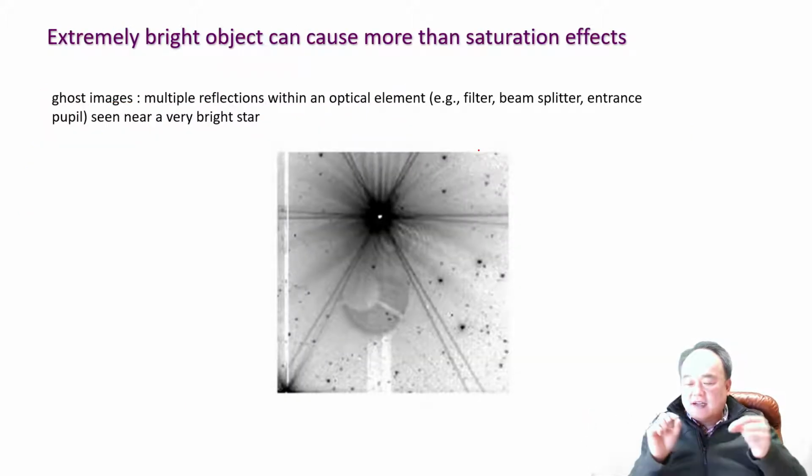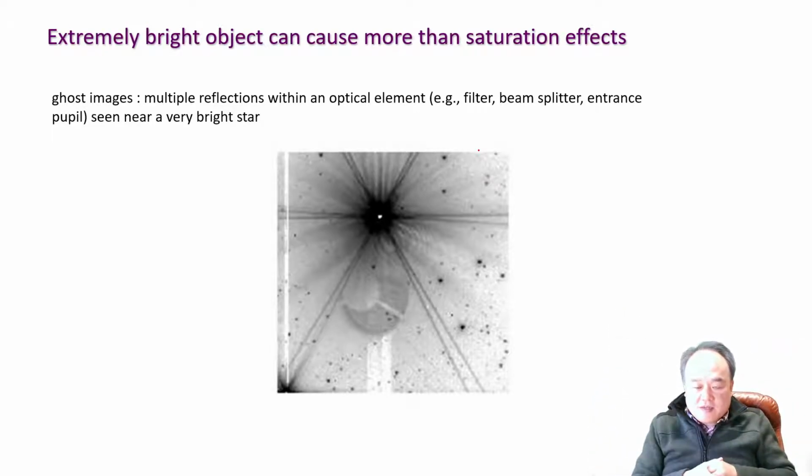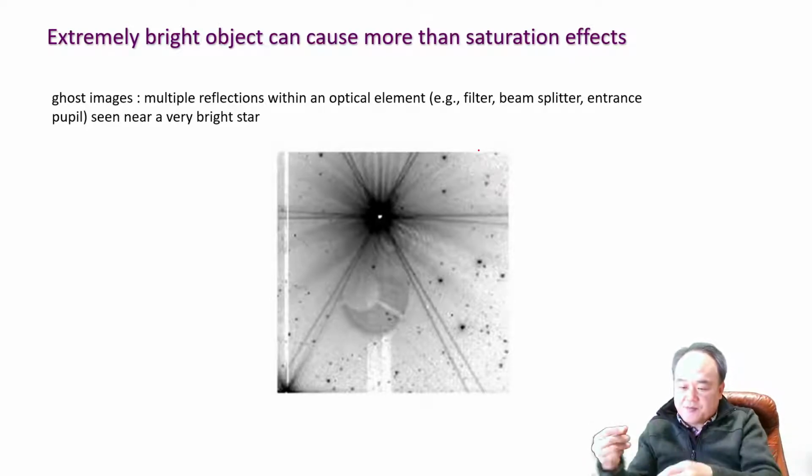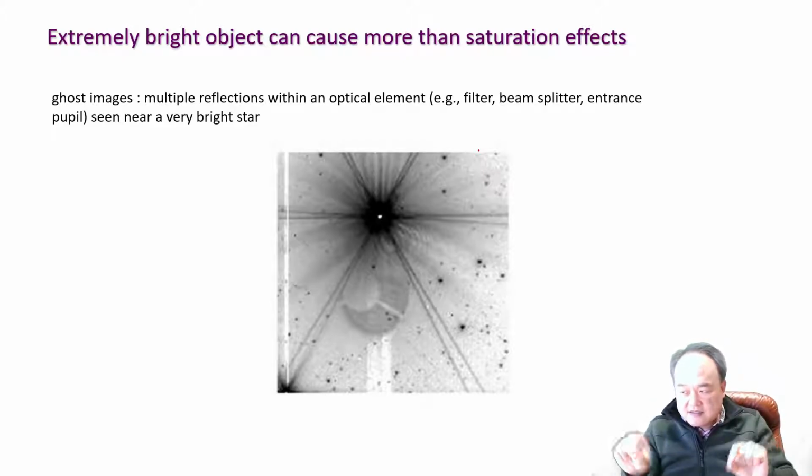When you observe a really bright object in the sky, the detector shows ever so faint, previously unrecognized image artifacts. Because there are multiple optical elements in the telescope chain, some light is reflected multiple times within the lenses, prisms, or dichroics and whatnot.